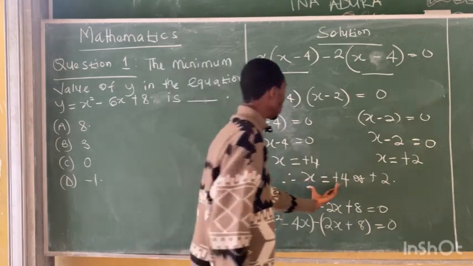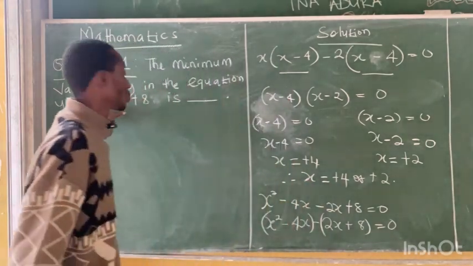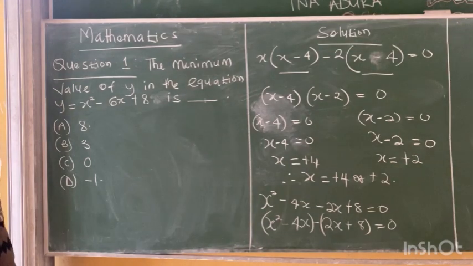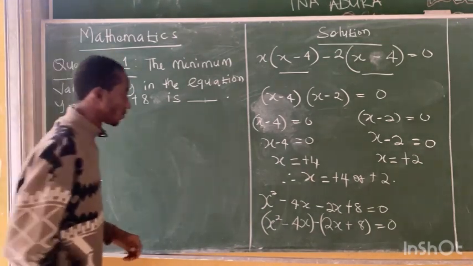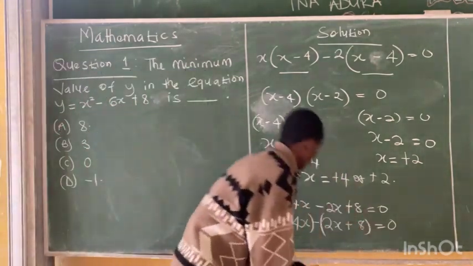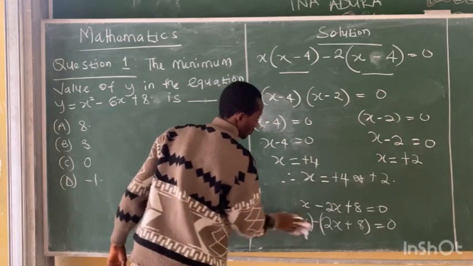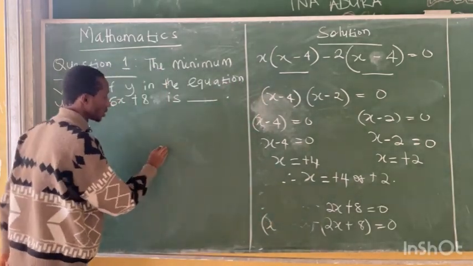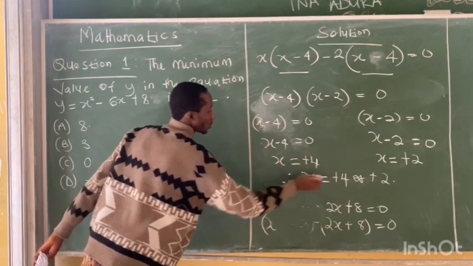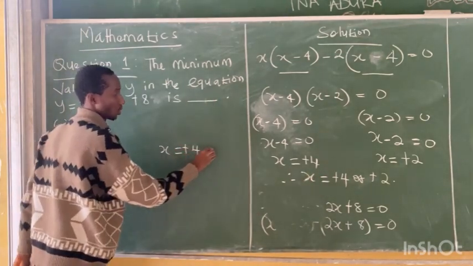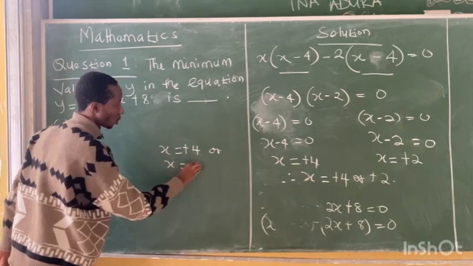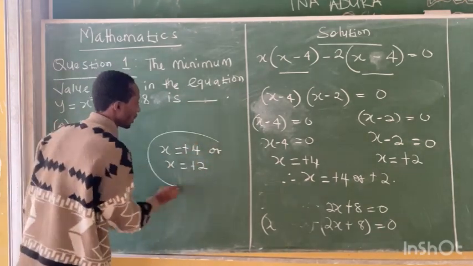Now, we have gotten the value of x. We substitute it into this equation to find the value of y. Let's pick the first term. Don't forget, let me write this answer here. We have x equal to plus 4 or x equal to plus 2. So this is our value for x.